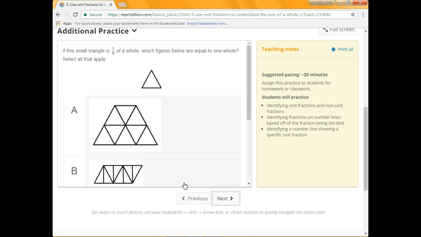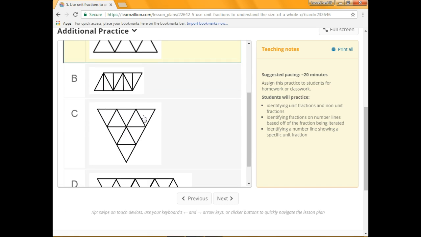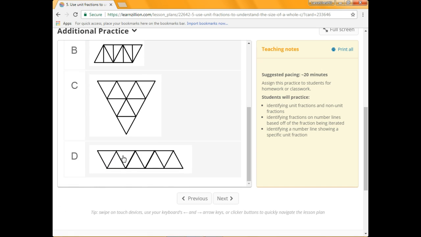If this small rectangle is 1/8 of a whole, which figures below are equal to 1 whole? Select all that apply, so we can count them. 1, 2, 3, 4, 5, 6, 7, 8. So 8 is the denominator. 1, 2, 3, 4, 5, 6, 7, 8, 9. So that is not one of them. 1, 2, 3, 4, 5, 6, 7, 8.